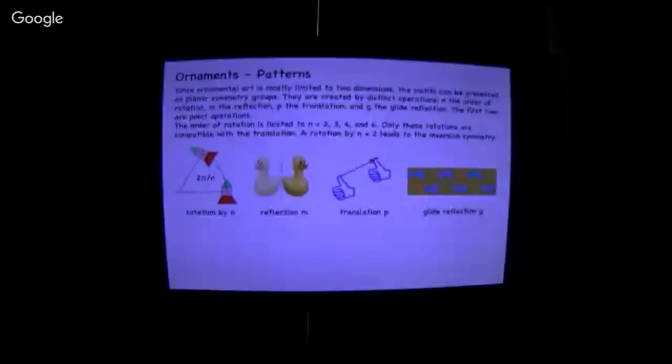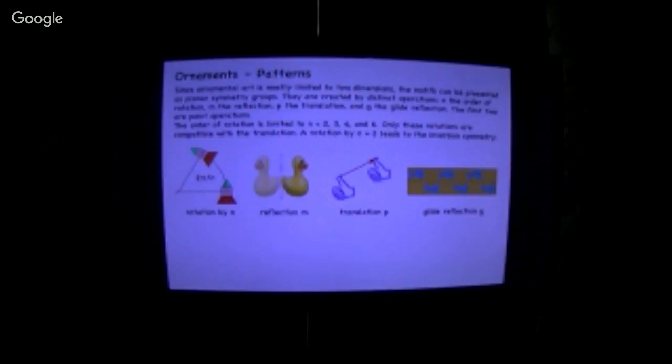So it's rotation. Now, the order of rotation is called n, and the angle is 360 degrees over n. So if I have an object, I rotate it by 90 degrees and it maps onto itself, it has order 4, because 360 over 90 is 4.